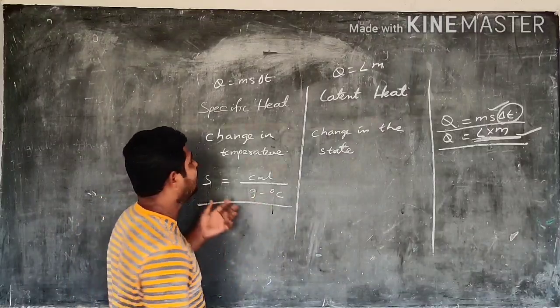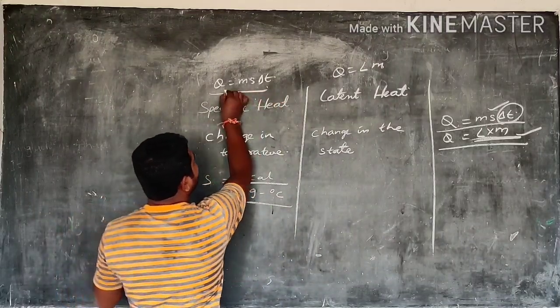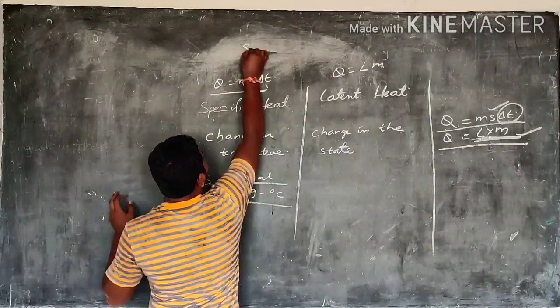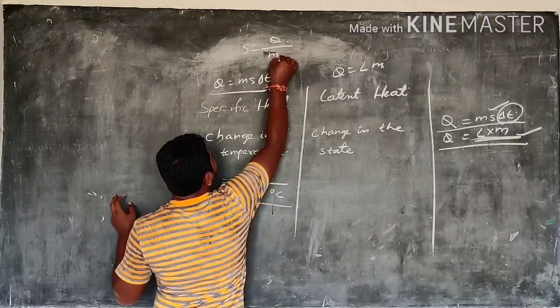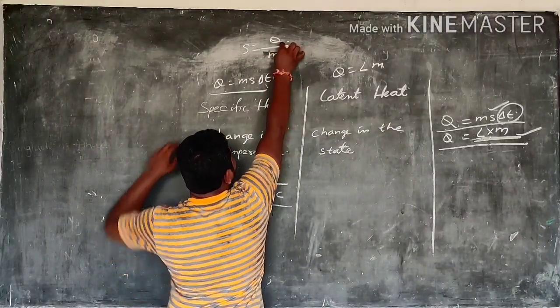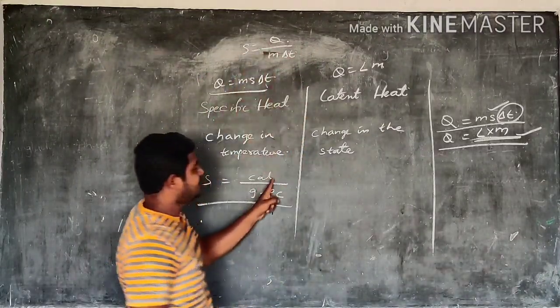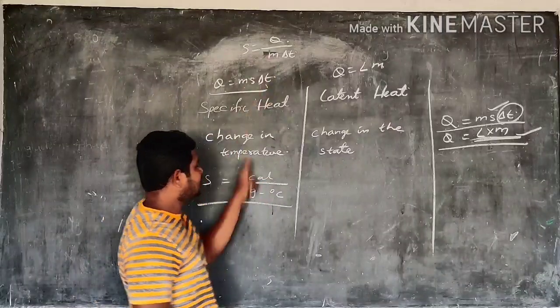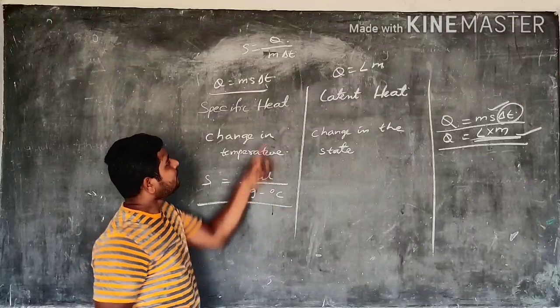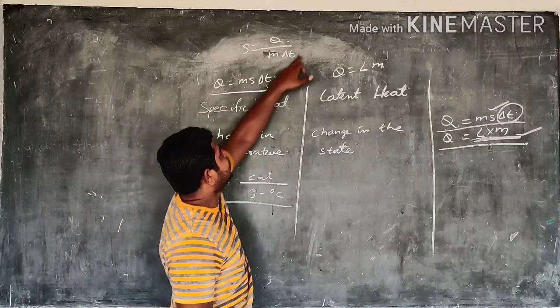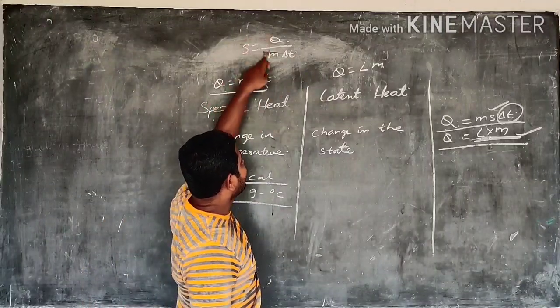When you look into the formula, you can clearly understand Q is equal to ms delta T, so S is equal to Q by m delta T. Q is the energy, the unit of energy is calorie, the unit of mass is gram, and the unit of temperature is degree Celsius.